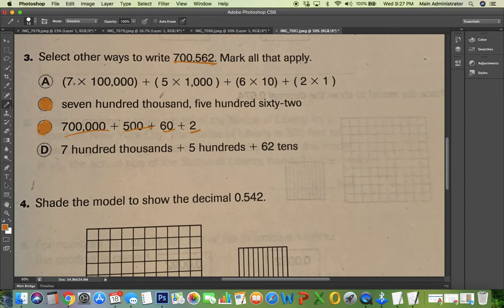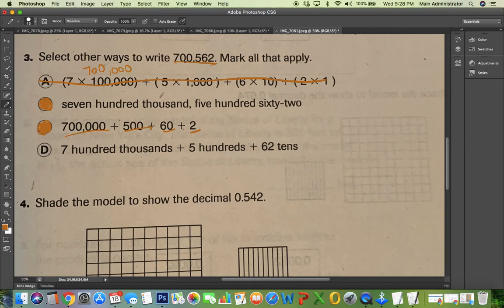Let's go up here. 7 times 100,000. Yes, that would give me 700,000. So far, so good. 5 times 1,000. Nope, my 5 is in the hundreds place, so A is out. Let's take a look at D. 700 thousands.